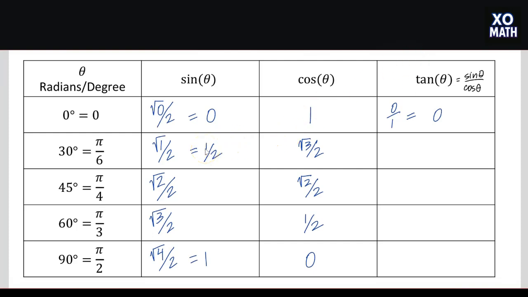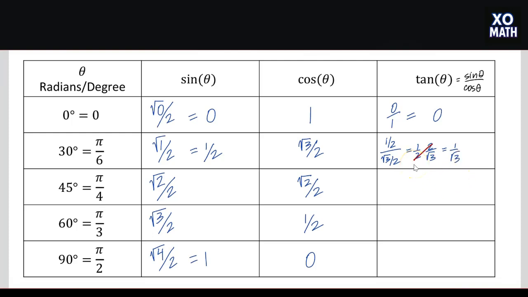Next I have 1/2 divided by the square root of 3 over 2. Now to divide these fractions, it's like multiplying by the reciprocal of the denominator. So we're multiplying by 2 over rad 3. And notice that 2 over 2 simplifies to be just 1. So what I have left is 1 over the square root of 3.